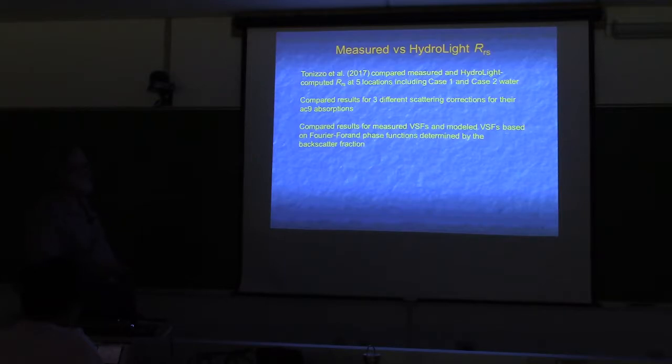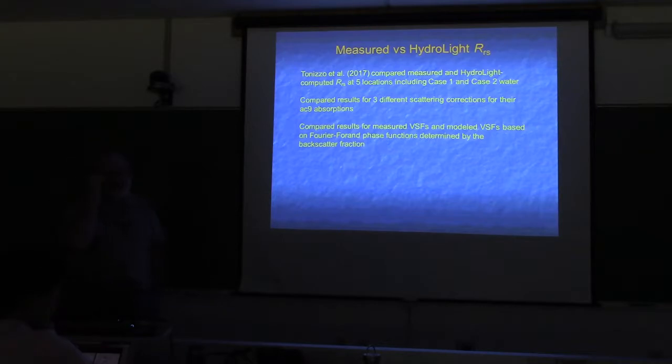Okay, so another paper by Alberto Tonizzo and Mike Radomski recently, they did a massive study, I think this was funded by the PACE thing, where they really wanted to look at all the errors that come into this kind of business and see how much is due to one thing and how much is another.